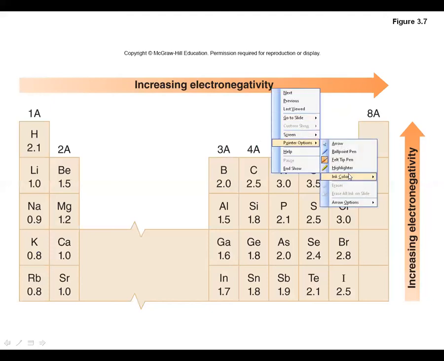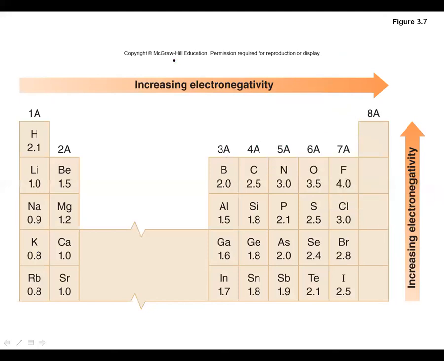So if you did not have these values given to you, and you just had the periodic table like this without the values, and you were dealing with something like nitrogen and oxygen, because they're in the same period, oxygen is further to the right, which means it should be more electronegative. Without even looking at these numbers, you will know that the nitrogen oxygen bond is going to be polar, because again, the oxygen is further to the right.